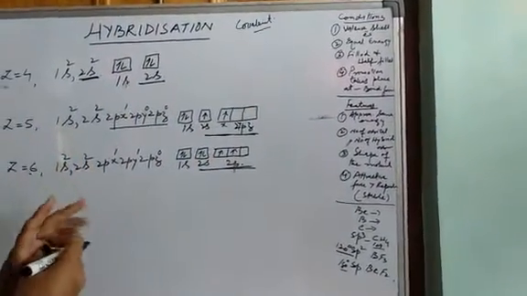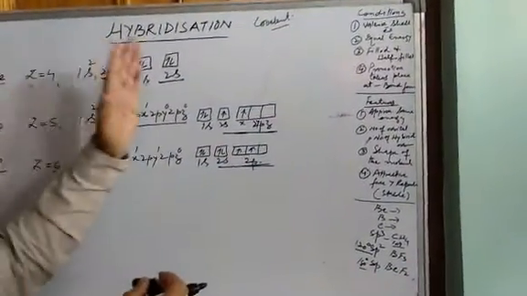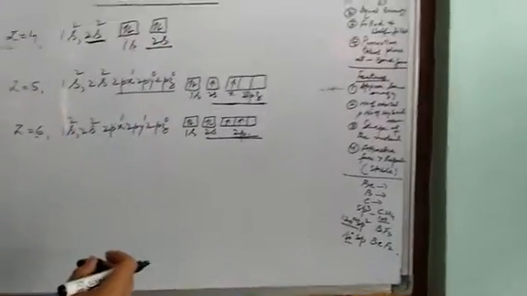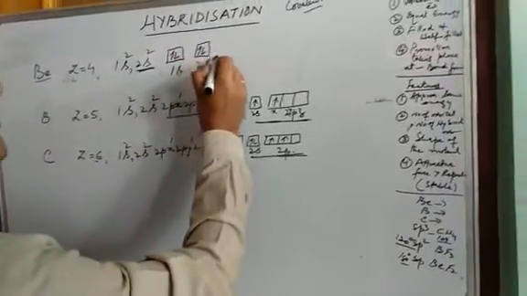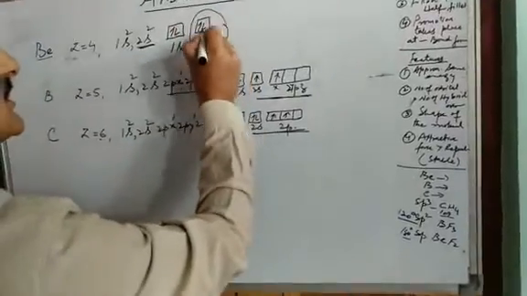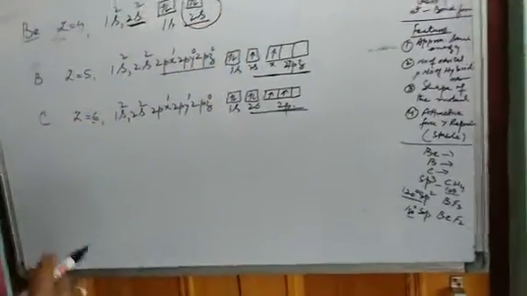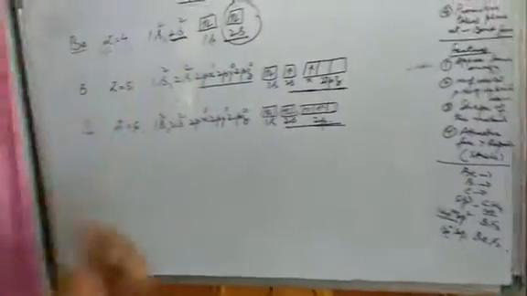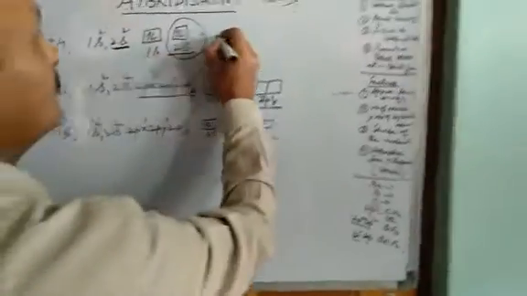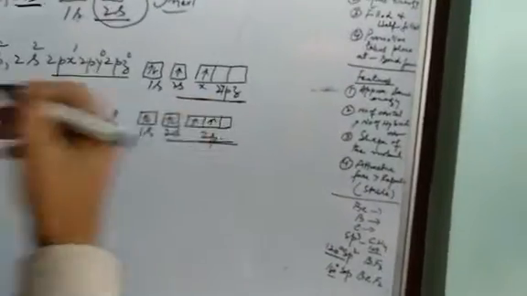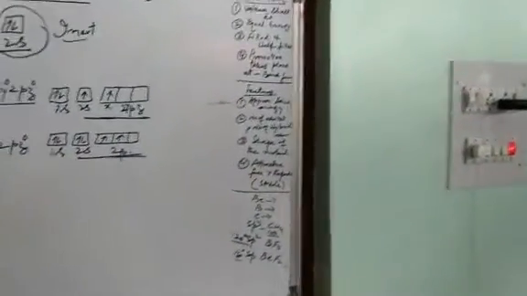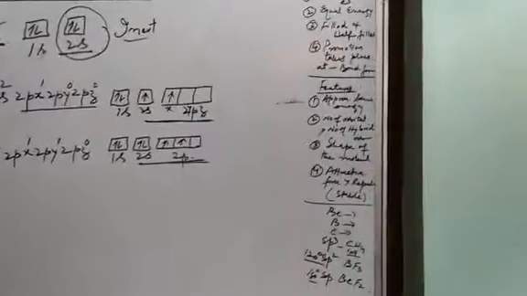If we consider beryllium, we find that it has no half-filled orbital. These are completely filled orbitals. So as per its electronic configuration, beryllium should be inert, not reactive. It should not combine with other elements. But the fact is that beryllium is not inert.